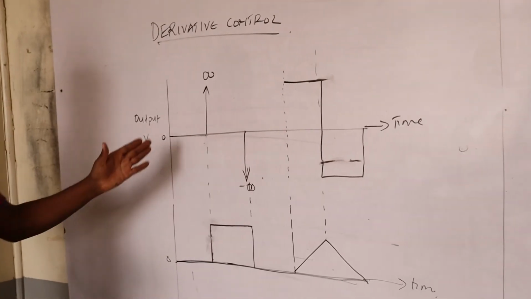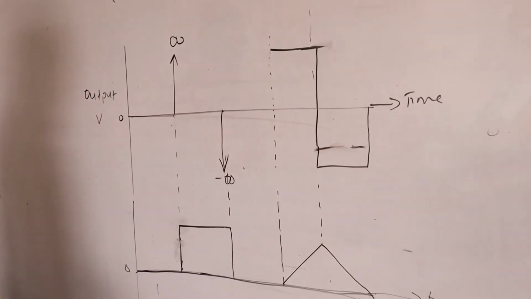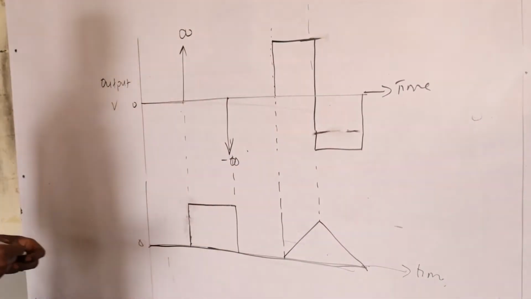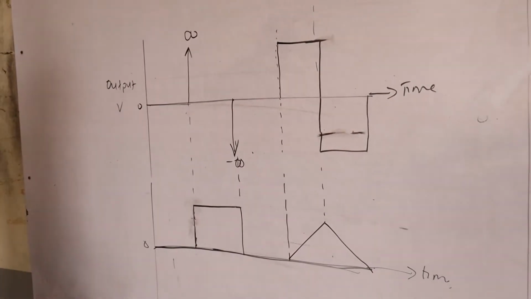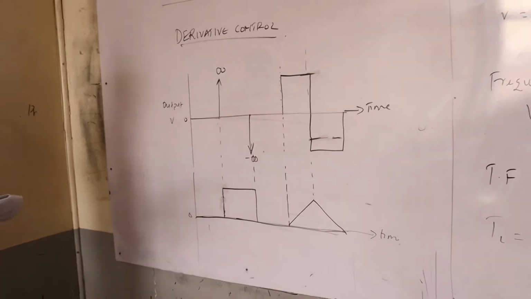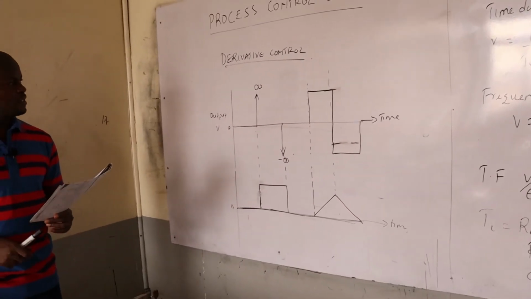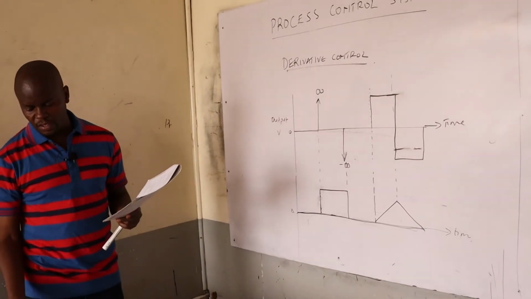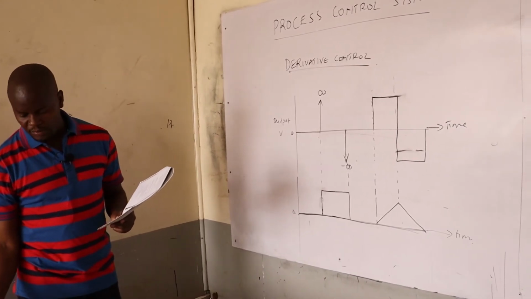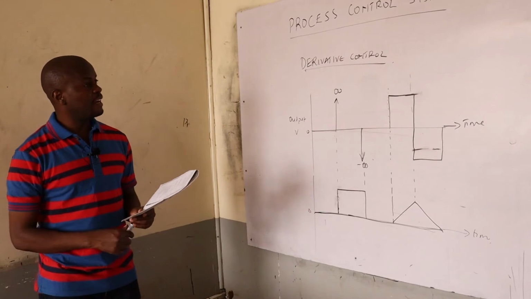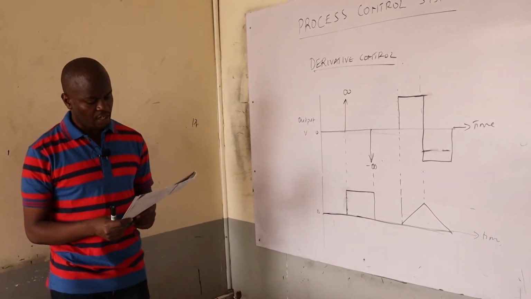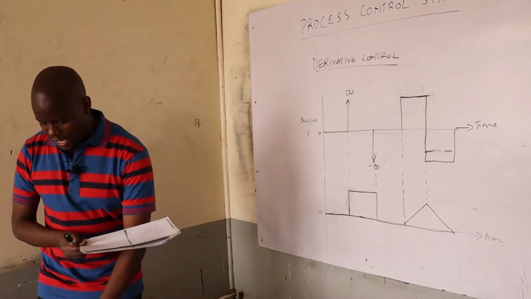You can see from this graph that the derivative mode does not respond properly to a step input. That makes it not to be used alone, because for a step input it will give an infinite output, negative infinity or infinity. As we said earlier, it does not change with the error but with the rate of change in the error.